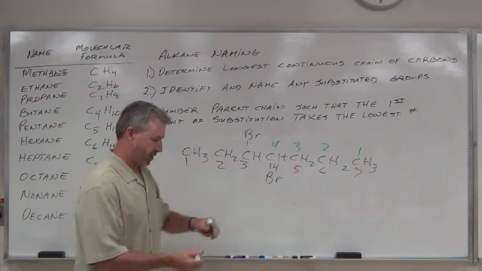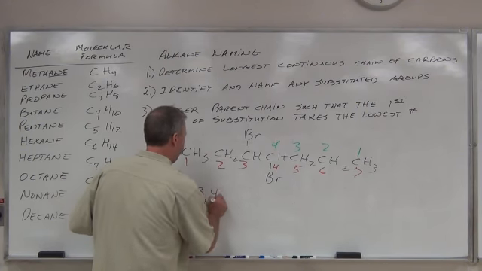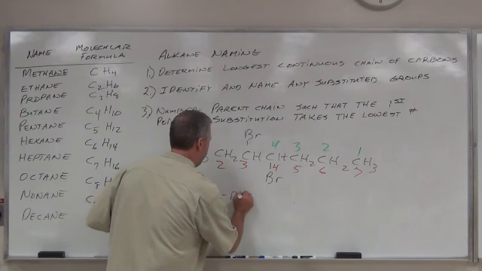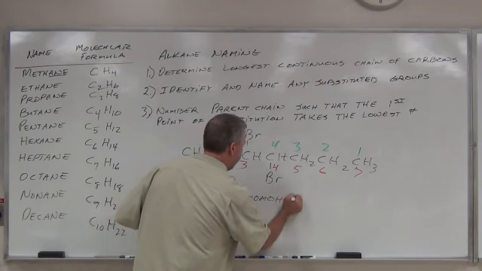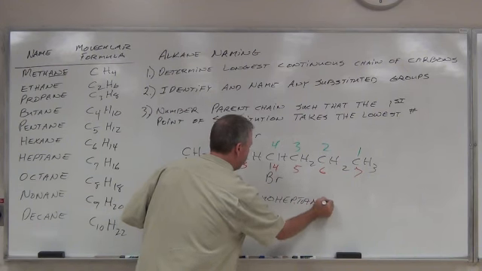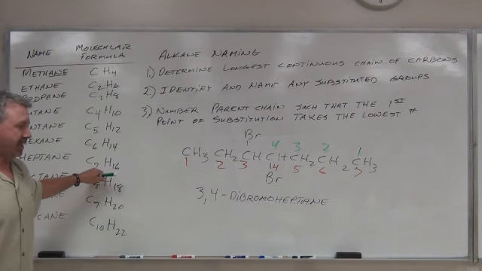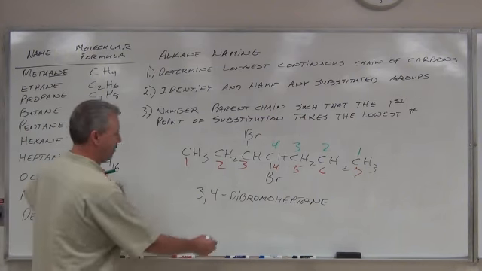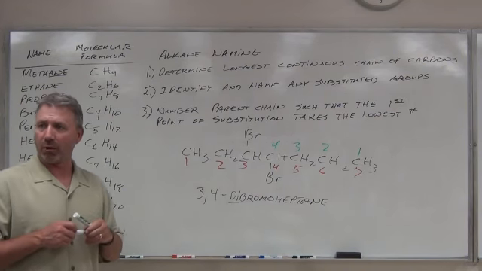One is at 3, one is at 4. I name this 3,4-dibromoheptane. A 7-membered carbon chain will be heptane. Notice the prefix here, di, meaning 2. You don't do 3-bromo, 4-bromo.